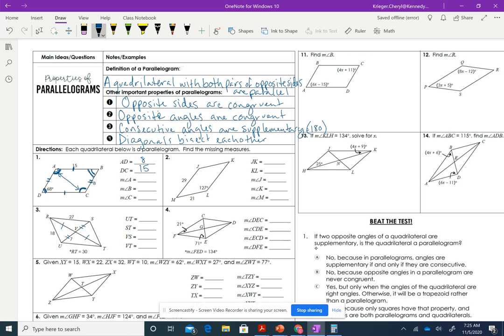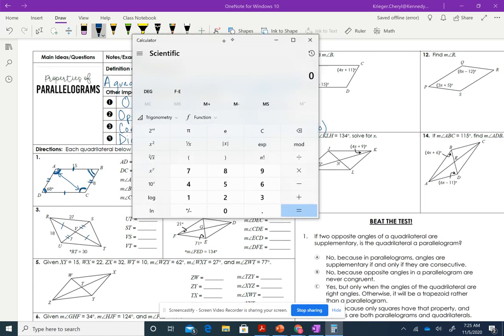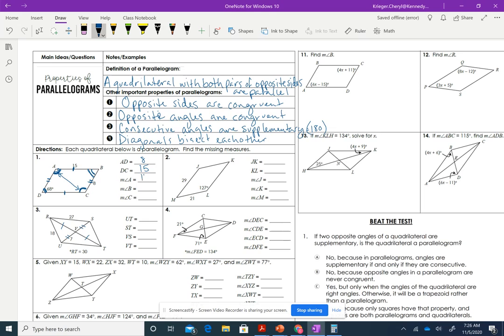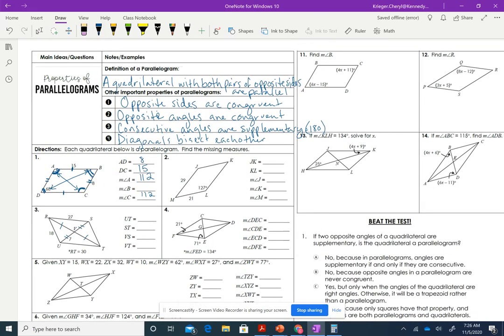So A plus the measure of angle D equals 180. So let's just do 180 minus 68. So angle A is 112. That means C is 112. And then the measure of angle B is going to be the same as the measure of angle D. These are also the same. So B is 68. Sorry, guys. B is 68.